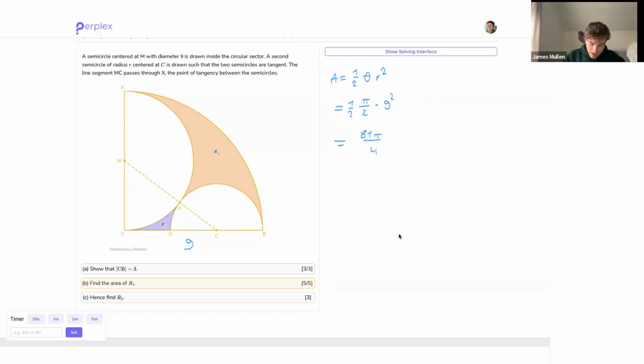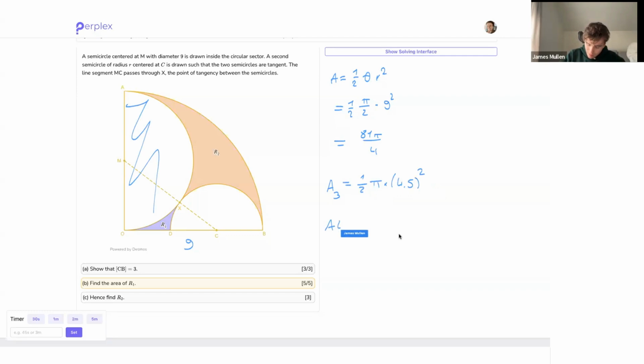I'm going to call this area A3 because I already used A1 and A2 before. A3 is equal to half of pi r squared, so half of pi times 4.5 squared for that circle.